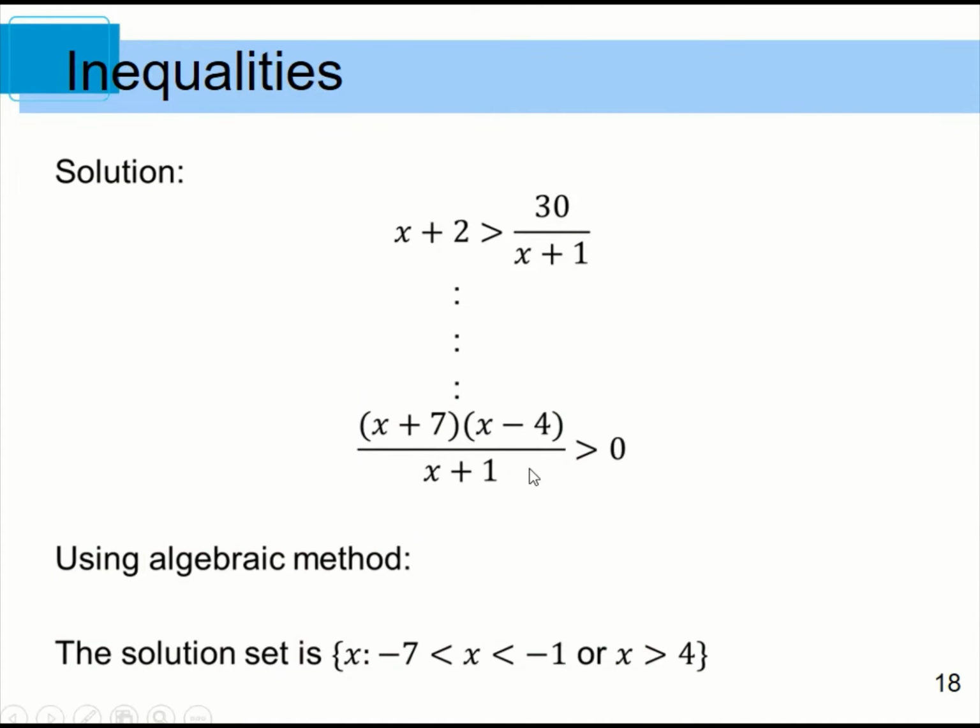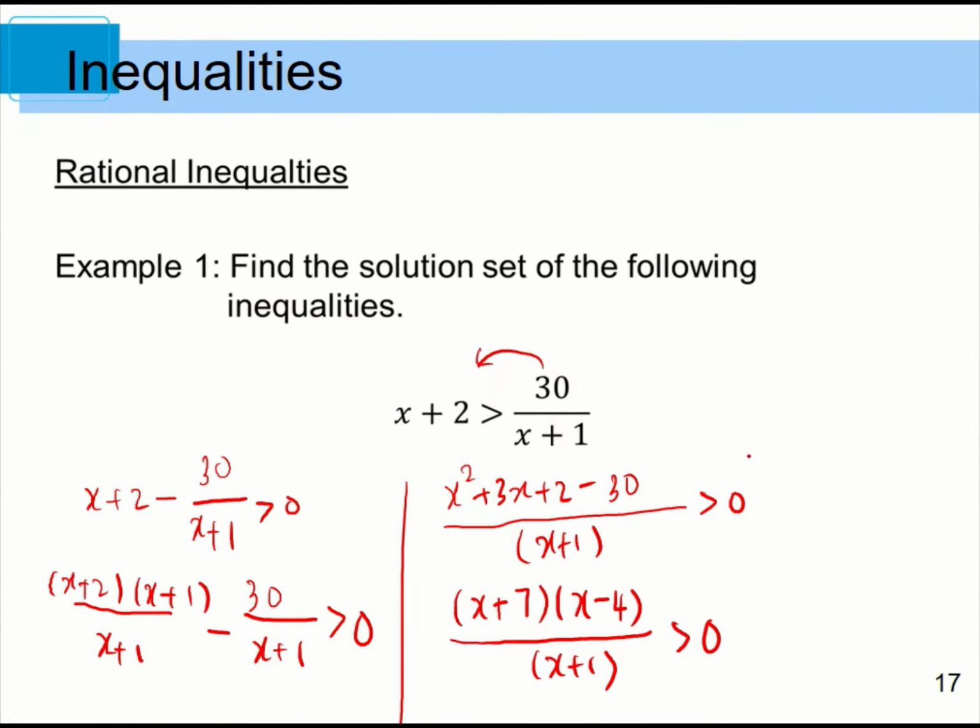After we get this, in the following solution we are going to repeat the same method. We draw the number line. Then again, we have -7, -1, and 4 here, and we draw the line.